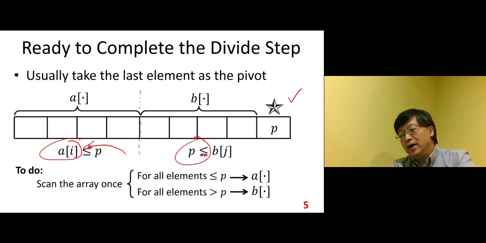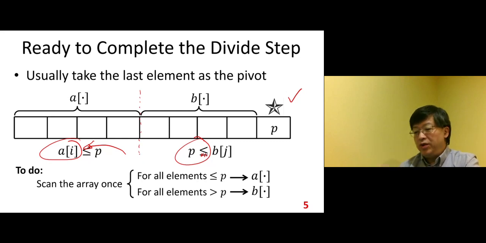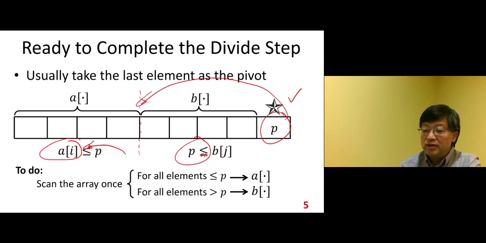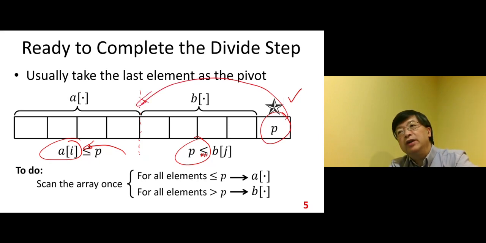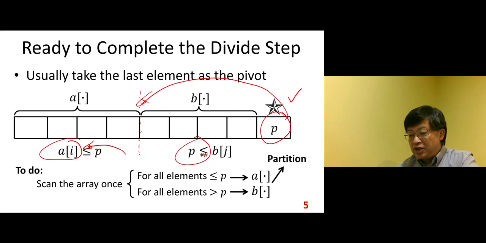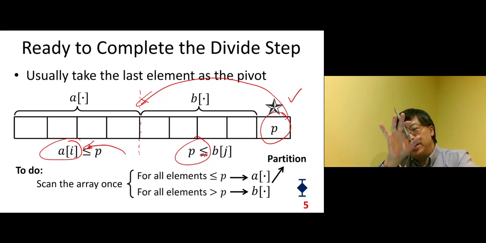Okay? All right. Then the last step, we need to put this P back in place. So somewhere between A array and B array, back in place. So that's the partition. That's the partition. So here, you see, that's the basic steps for the partition.